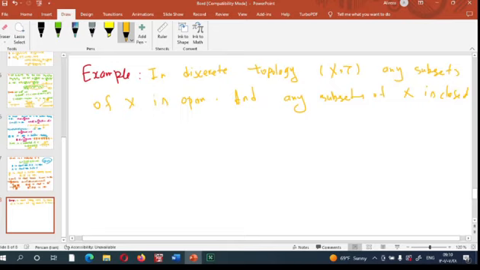This is very important because in this case tau equals P of X, so for any subset A of X we have A belongs to tau, so A is open.